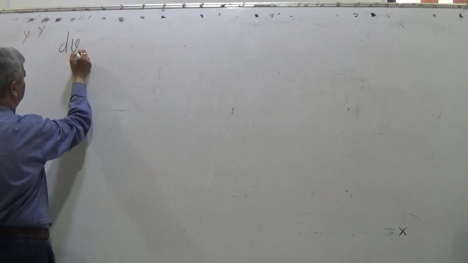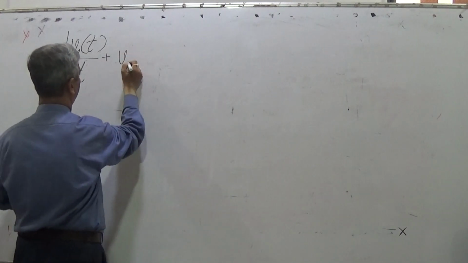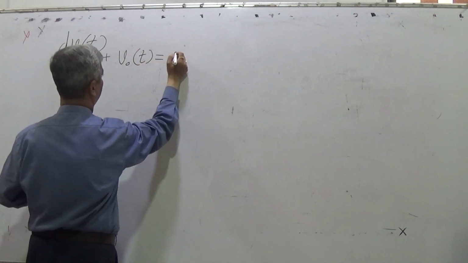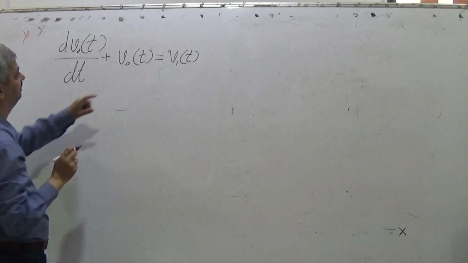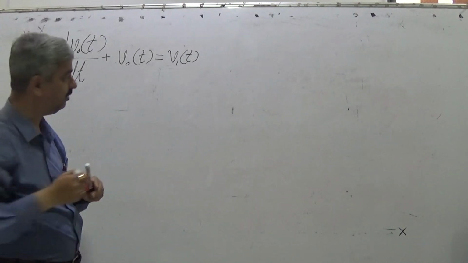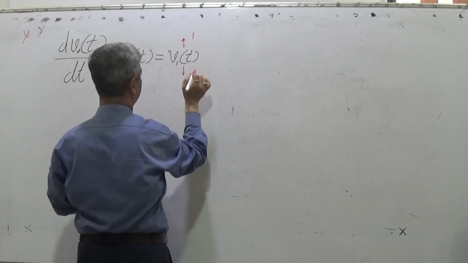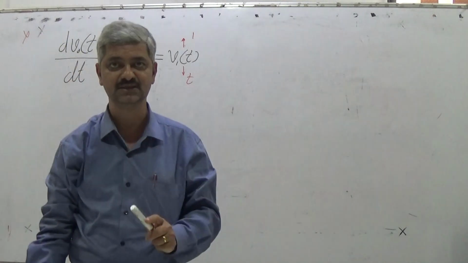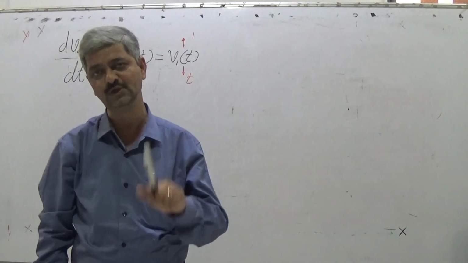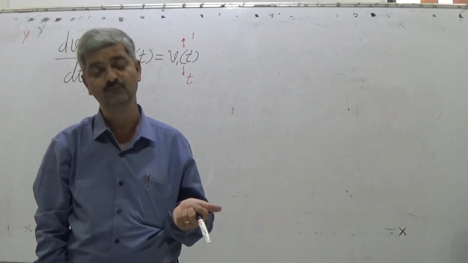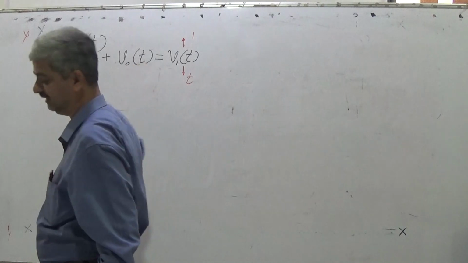I write this, which is to be solved: dVOT by dt plus VOT is equal to V in t. We solved for V in t equal to 1, and we are now solving for V in t equal to t. Is the idea clear? We solved it for V in t equal to 1 last time. We actually did not solve it; I told you the solution and you worked on it correctly. Now we want to solve for t.